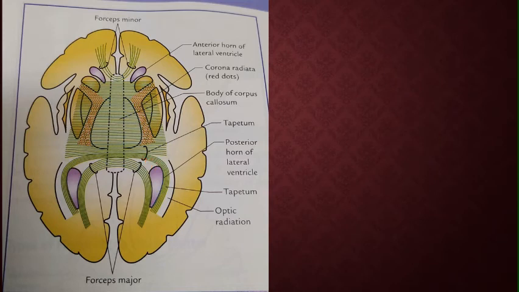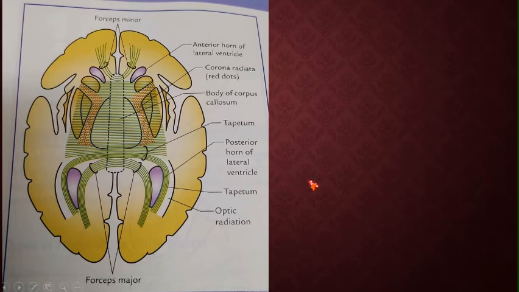In the coronal section, the tapetum looks whiter than the surrounding white matter because the section passes parallel to the fibers of the tapetum. Just remember the tapetum is a thin lamina of white fibers which forms the roof and lateral wall of the posterior horn of lateral ventricle.